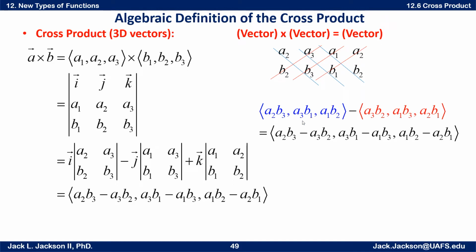And of course, when you subtract those, what do you get? You get a2 b3 minus a3 b2, same as here. And then you get a3 b1 minus a1 b3. That's our middle term here, the cross product. And then finally, you get a1 b2 minus a2 b1 for the last one, and that's the same as this.